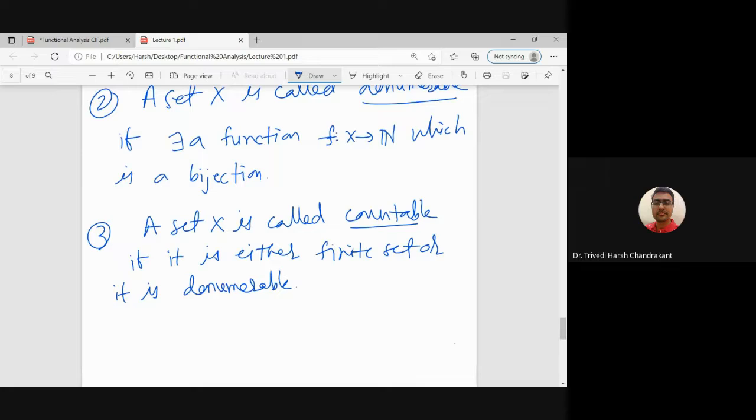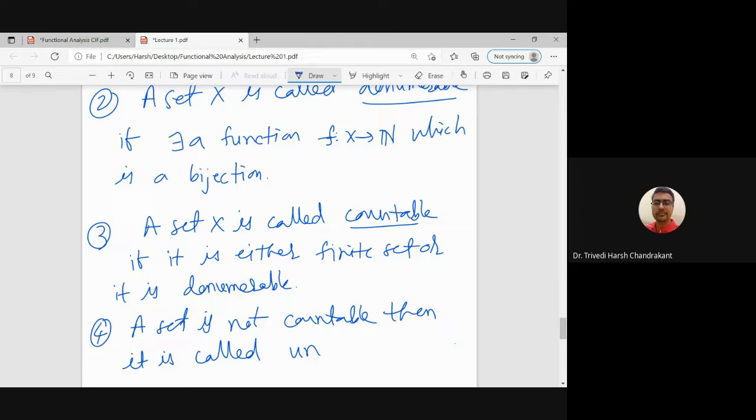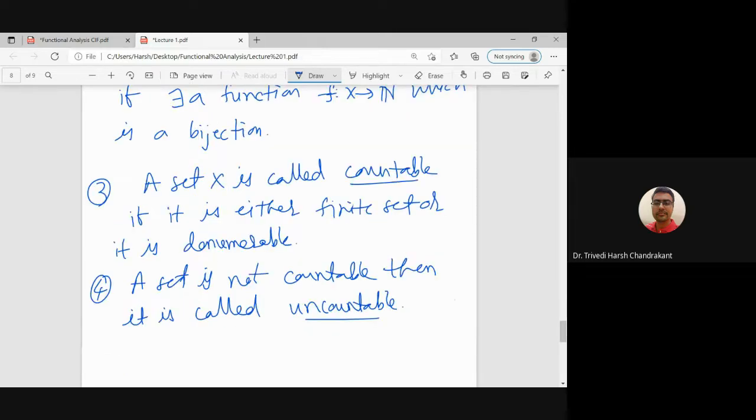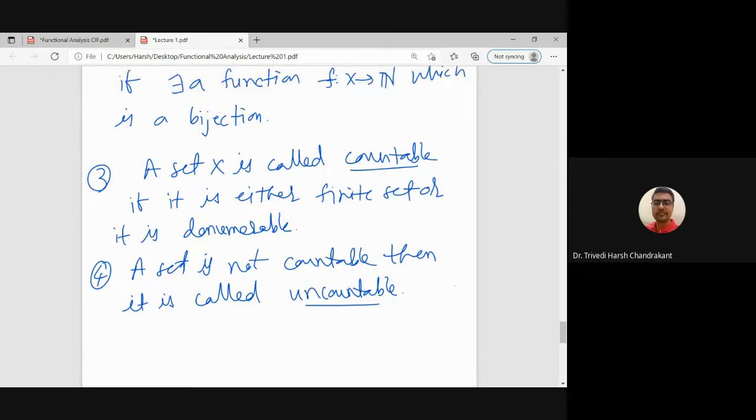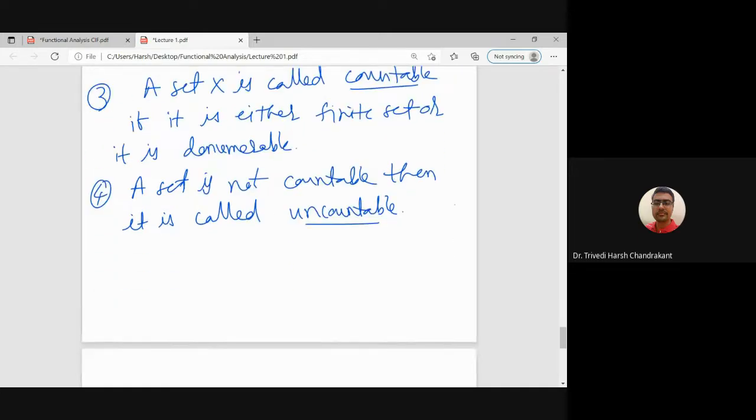And lastly, if a set is not countable, then it is called uncountable. So this is regarding countability.